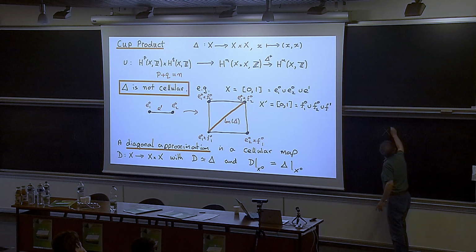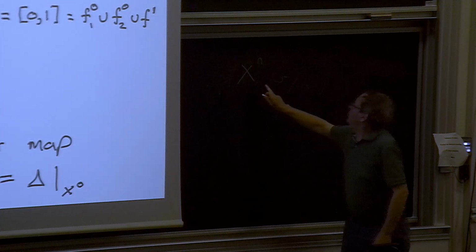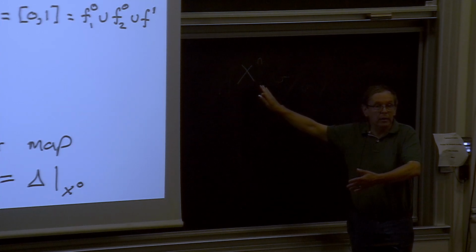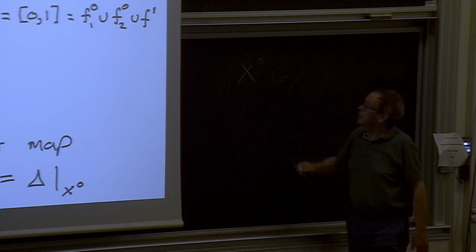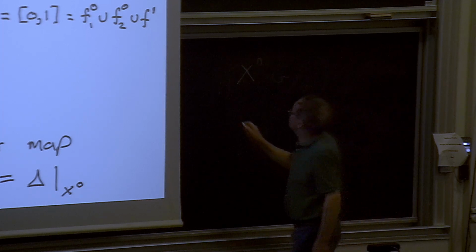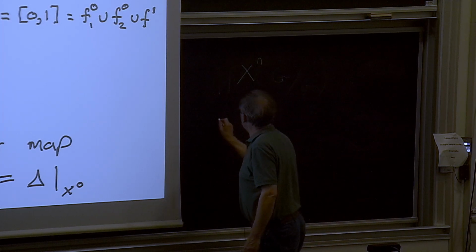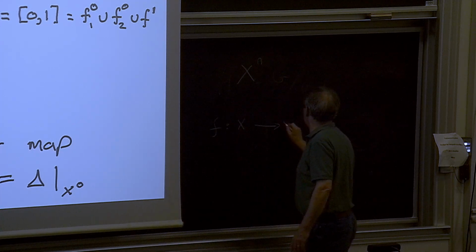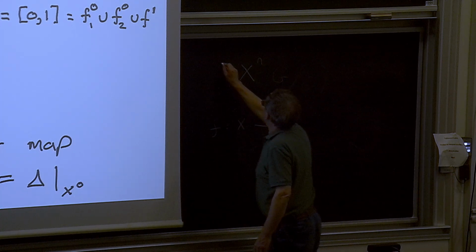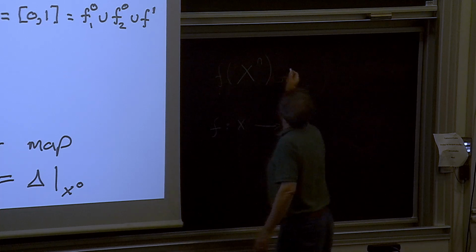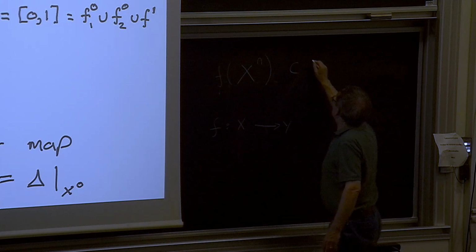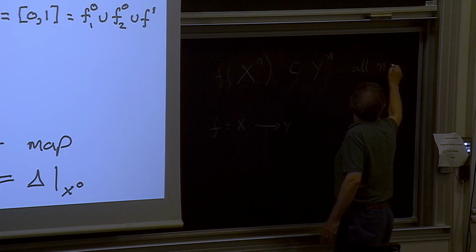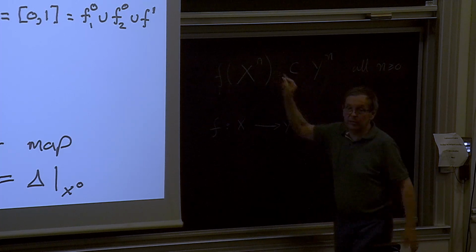You can think of Xn as being the union of all the cells of dimension n or lower. Xn is the n-skeleton. A map F from a CW space X to a CW space Y is cellular if F of Xn lies inside Yn for all n. That's the definition of a cellular map.